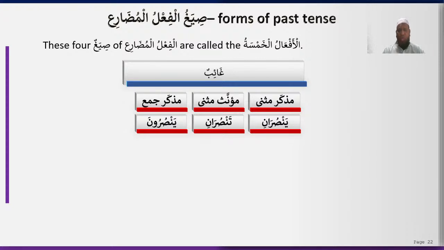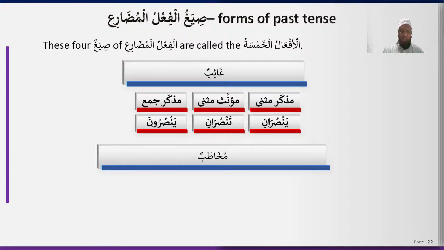So ينصران is called الأفعال الخمسة. تنصران is called الأفعال الخمسة. ينصرون is called الأفعال الخمسة. So from the غائب sigas, we have these 3 sigas.